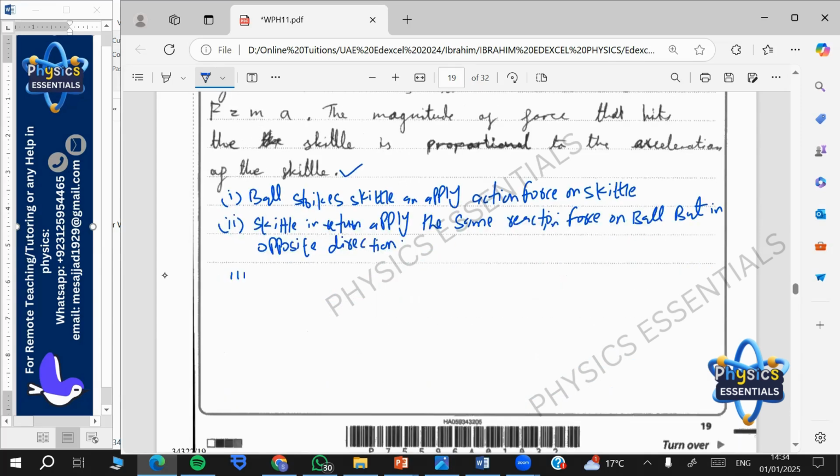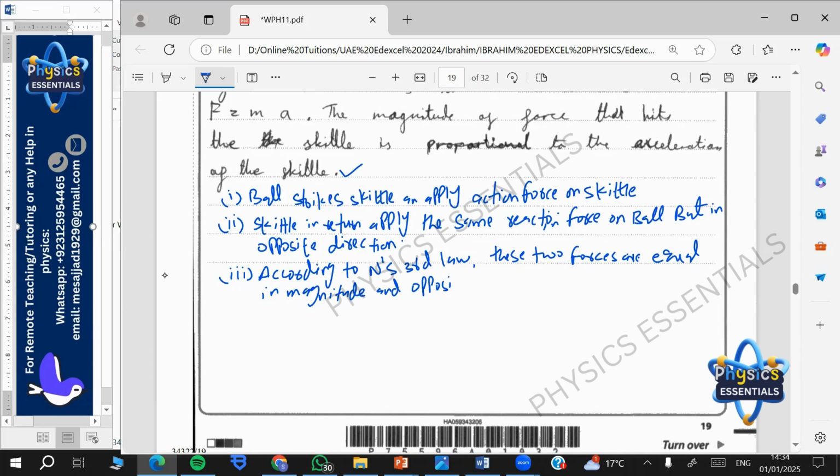Okay, three, according to Newton's third law, these two forces are equal in magnitude and opposite in direction. Okay, now this was actually Newton's third law. For the second law, now we'll talk about that.